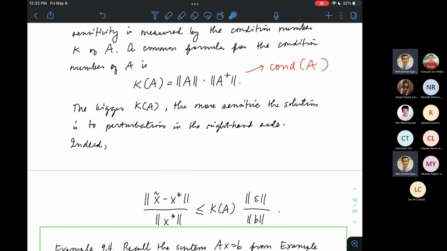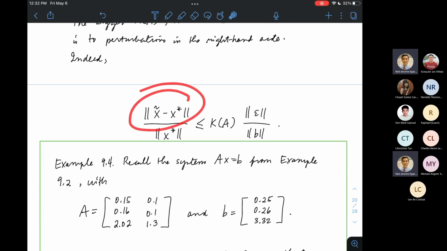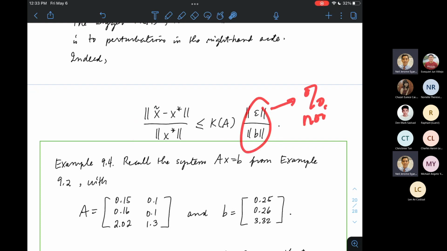Okay? So if you measure the relative error from the solution from the perturbed system versus the solution of the baseline system, okay? Yon ay laging bounded above by the condition number times the size of the noise with respect to the size of the right-hand side. So you can think of it as the percentage noise.